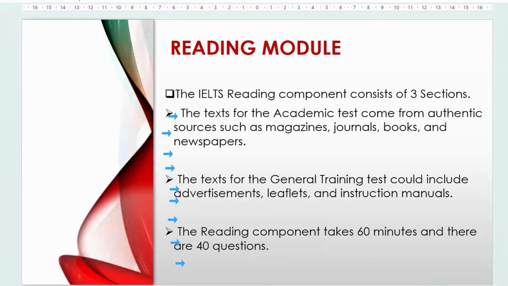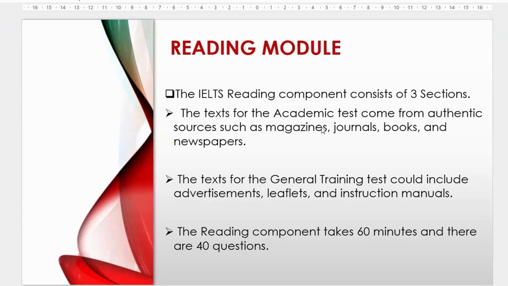In the reading module, as I discussed, reading goes for 1 hour, and it has three passages, and those passages contain questions like 13 and 14. Altogether, it becomes 40 questions. There are two types of reading module. One is academic reading, and another is general reading.